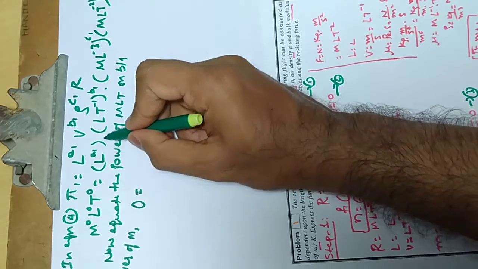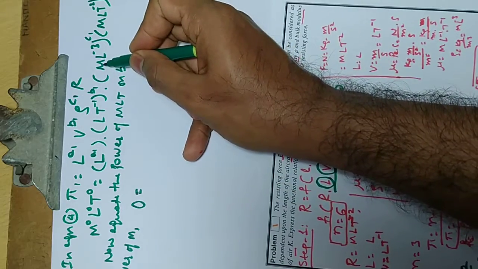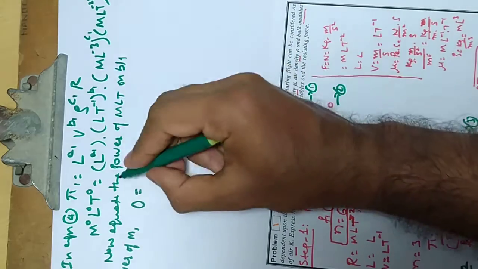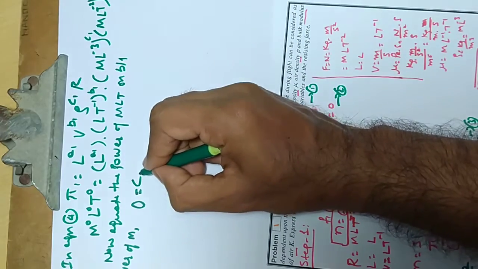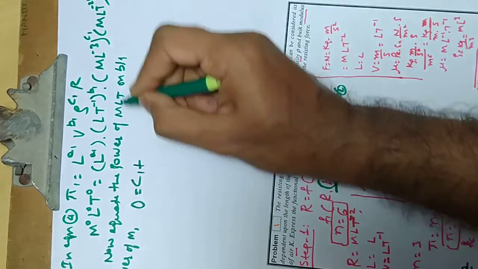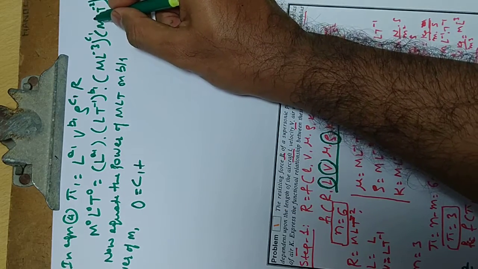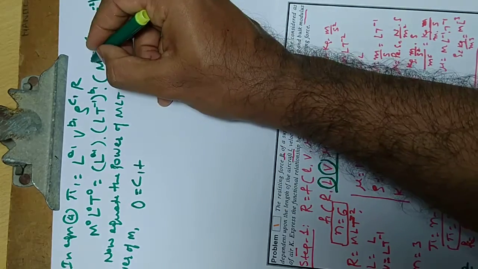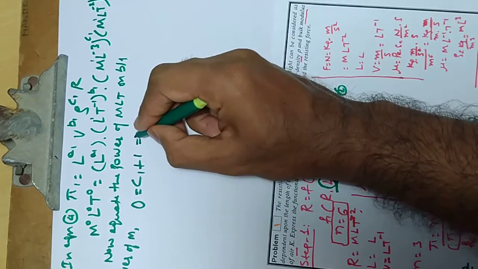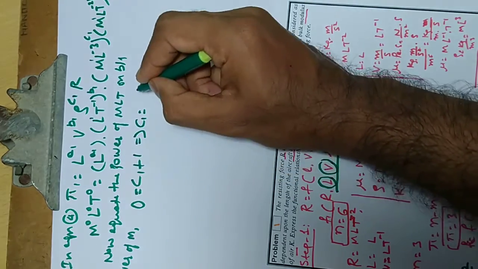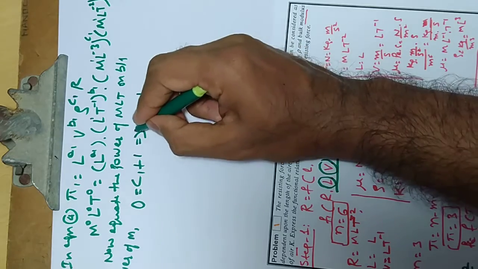Next, search where M is there. M is there in c1. This becomes c1 plus, here M to the power of 1 is there. So c1 is equal to minus 1.